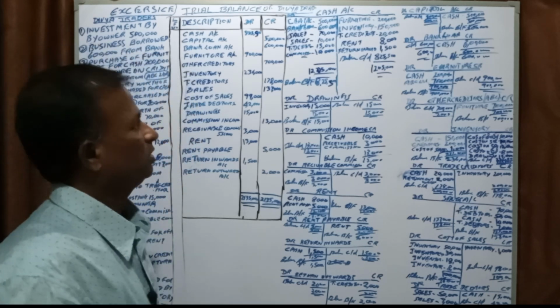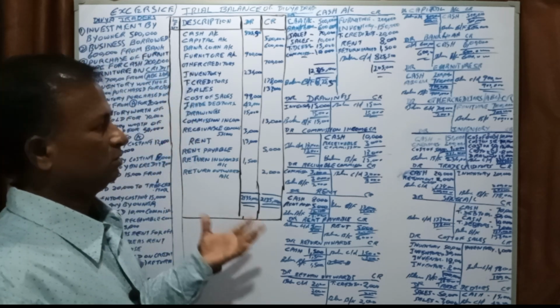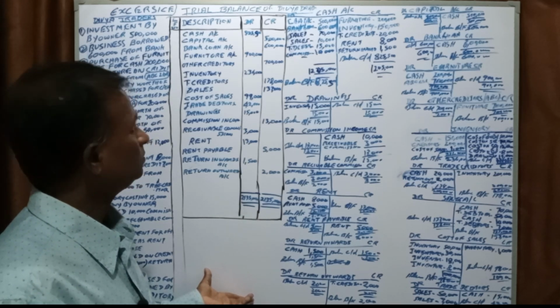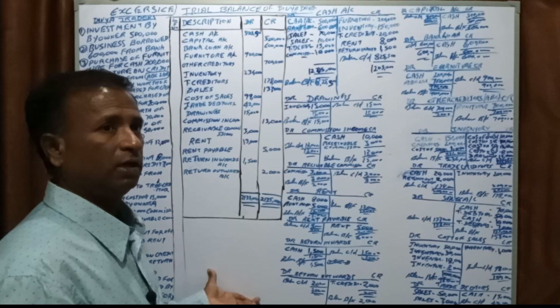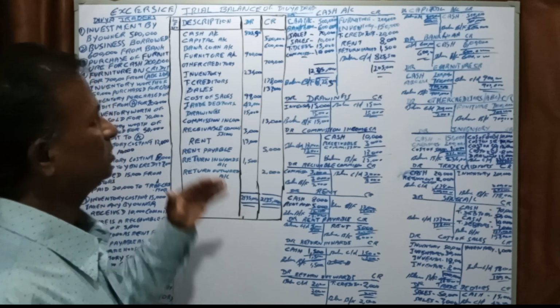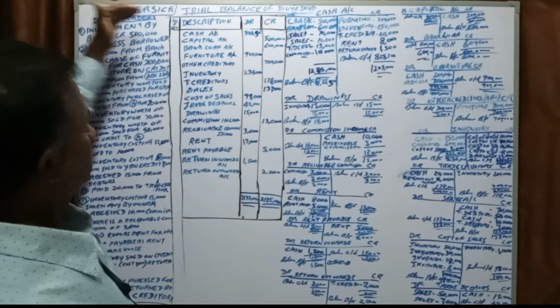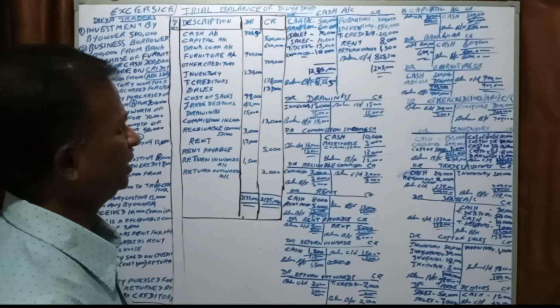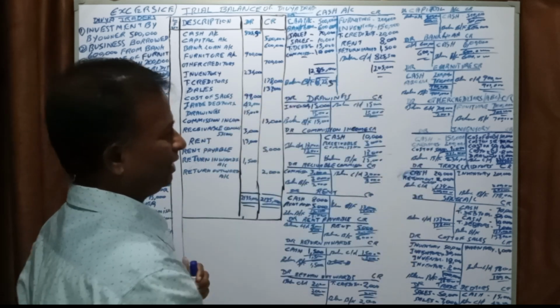I think you would have understood the accounts here. Anyway, I will come up with more exercises. This is the first exercise to see how T accounts work.